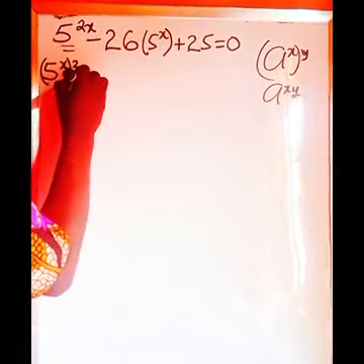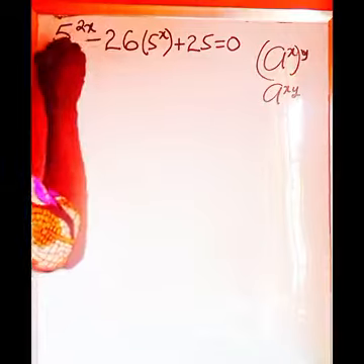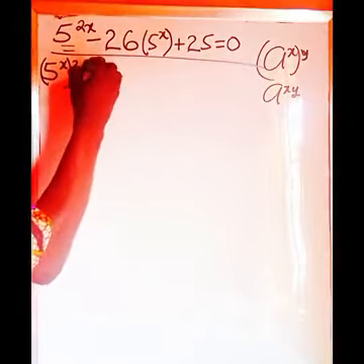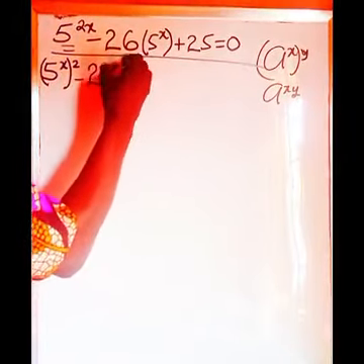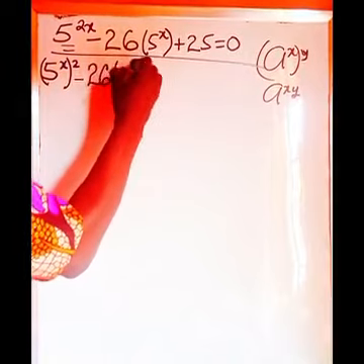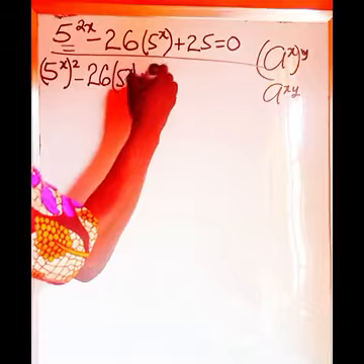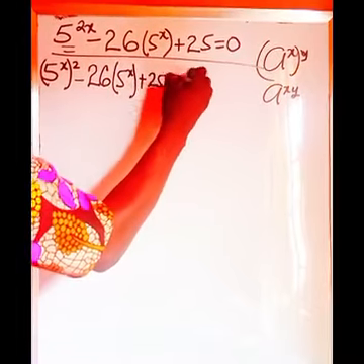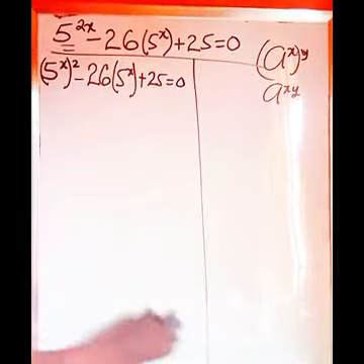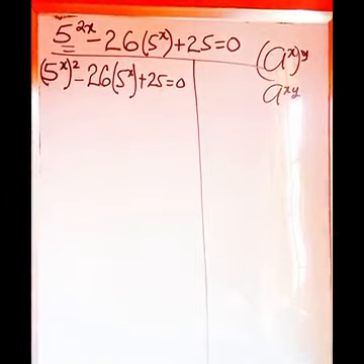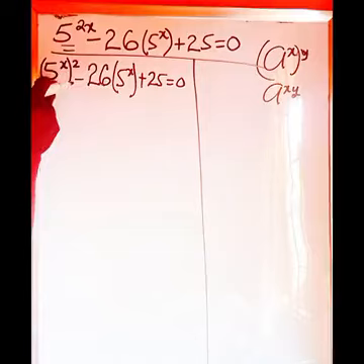Then minus 26 into 5 to the power x plus 25 equals 0. In doing that, we see that this is now inside the brackets.